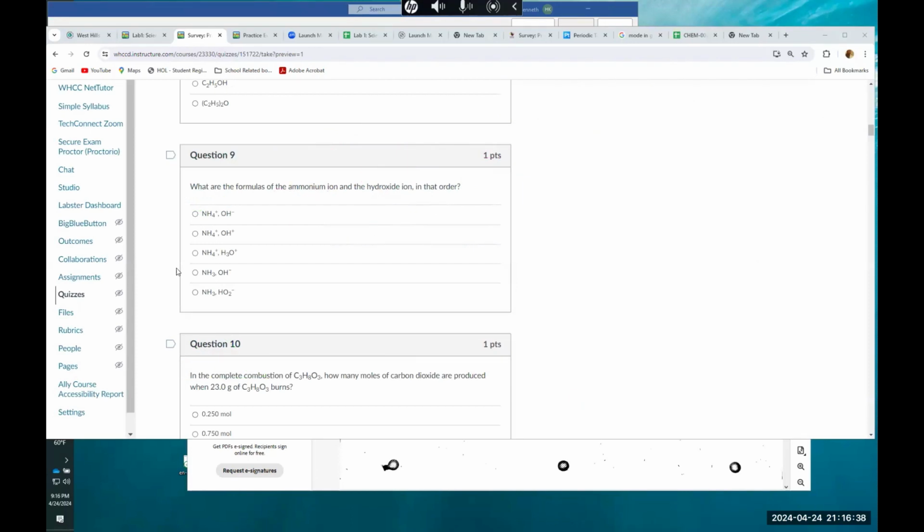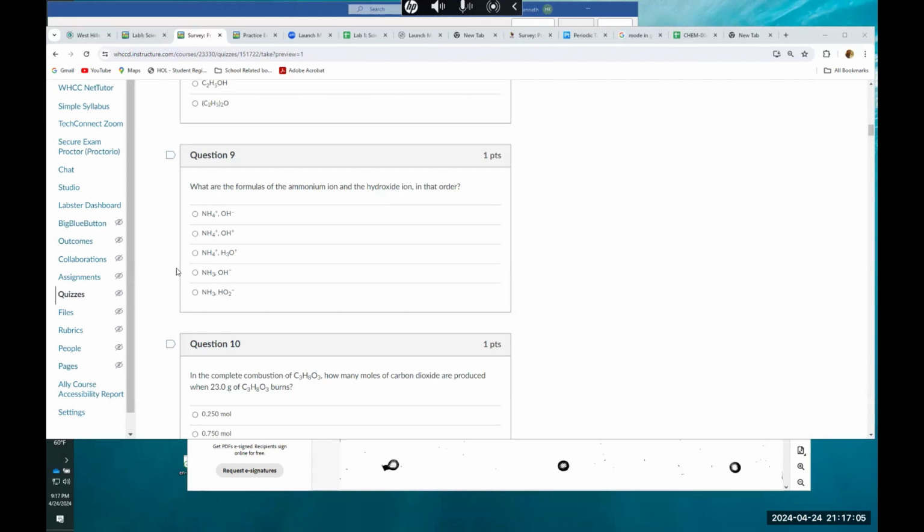So, what is the formula of the ammonium ion and the hydroxide ion in that order? Ammonium ion. First thing that we should know is that it's a polyatomic ion. Ion means it has a charge.